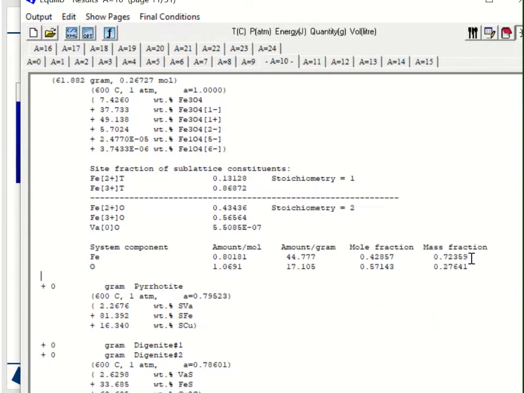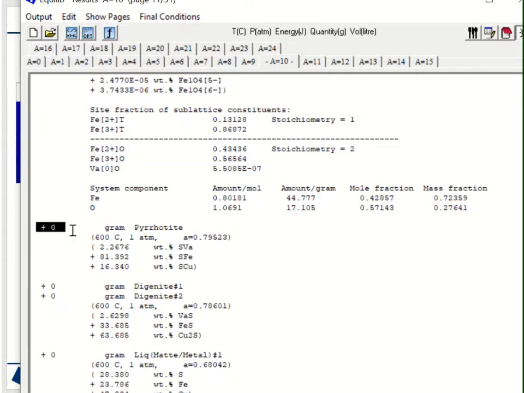This is the actual composition you have to compare with your analysis. So iron is 0.72, or in terms of moles, 0.428, and oxygen is 0.57. That's the amount of iron and oxygen in moles in the spinel solution, and this is in fact Fe3O4.